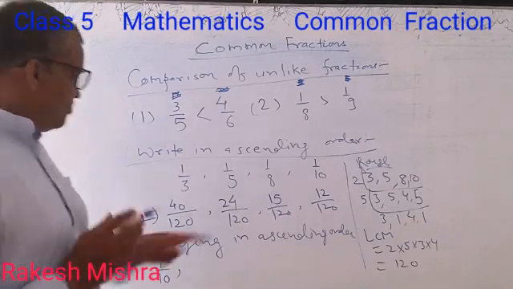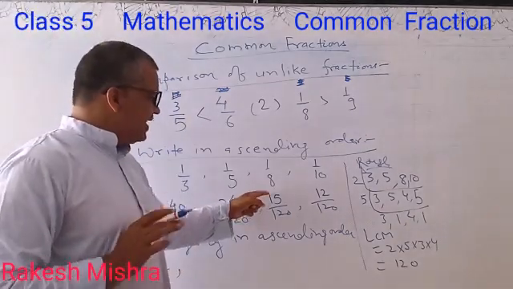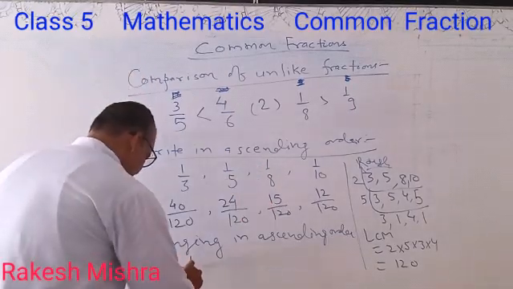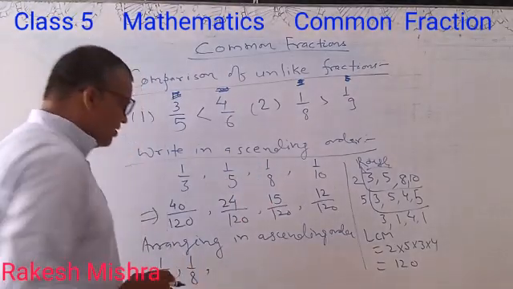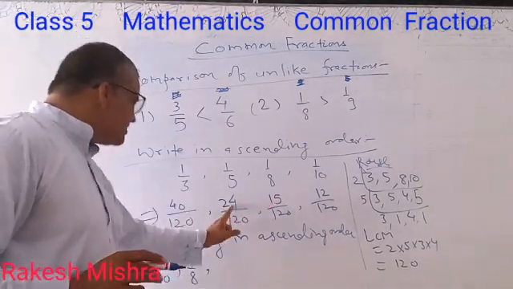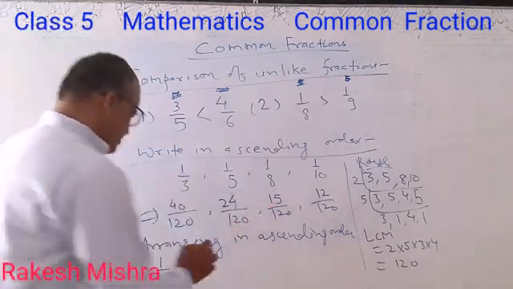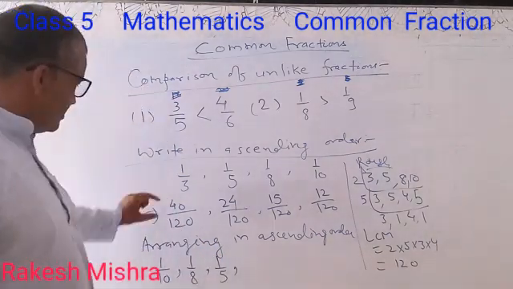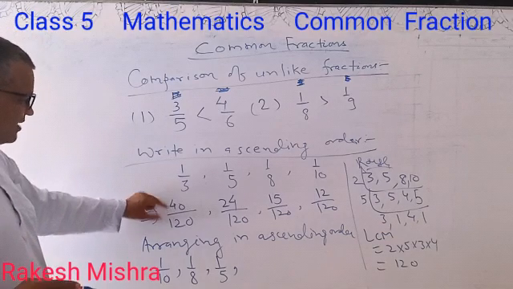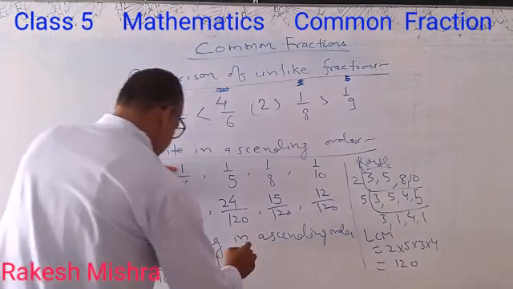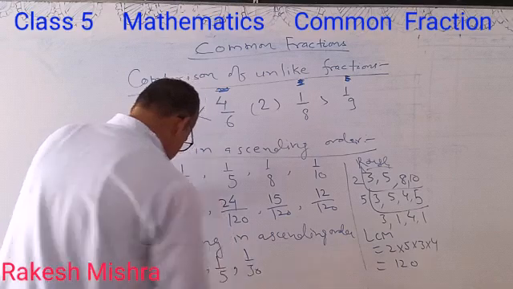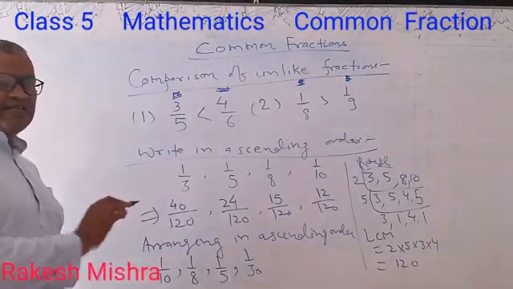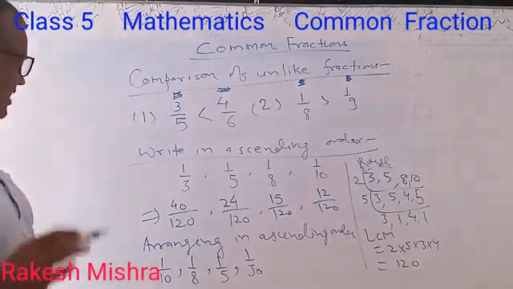After that, 15 is greater than this, so we write here 1 by 8. Then this is greater, so we write this from the question. And at last, this is greatest, so we write this from the question. These arranged numbers are in ascending order, and this is also your answer.